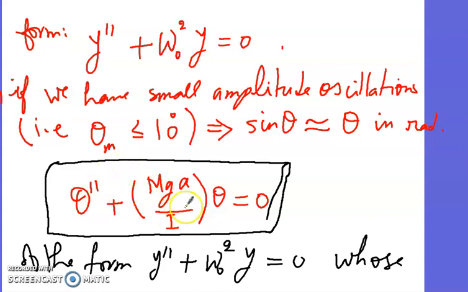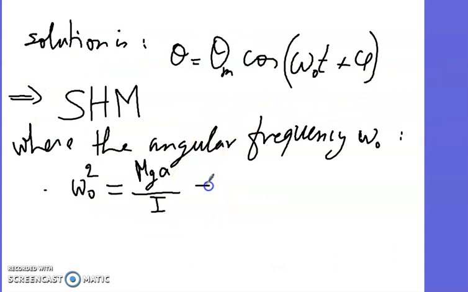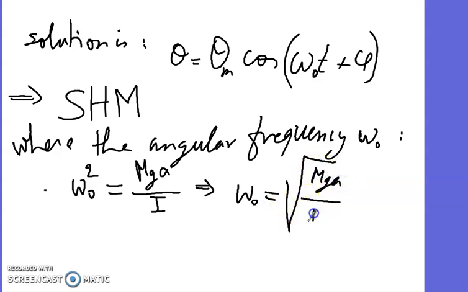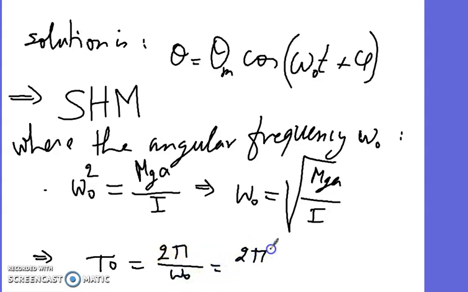You compare this equation here with this. Y represents here theta. Y double prime represents theta double prime. So omega 0 squared is mgA over I. Clear? Implies omega 0 is equal to the square root of mgA over I, and consequently the proper period T0 equal to 2 pi over omega 0 equal to 2 pi radical I over mgA. Clear?